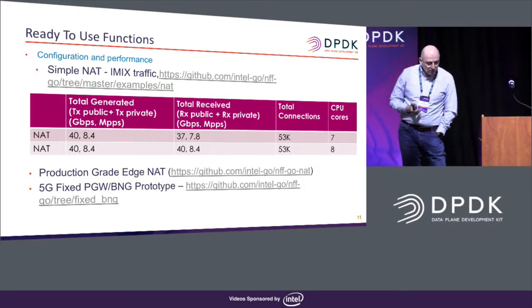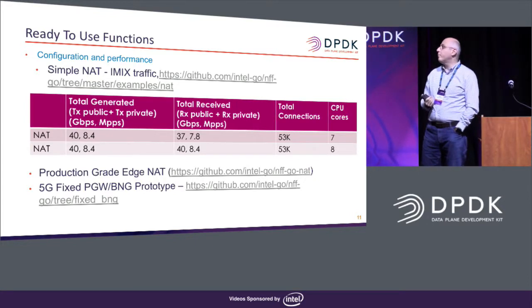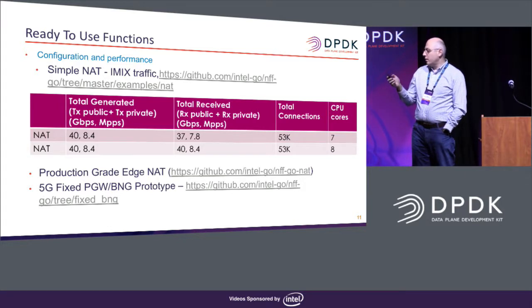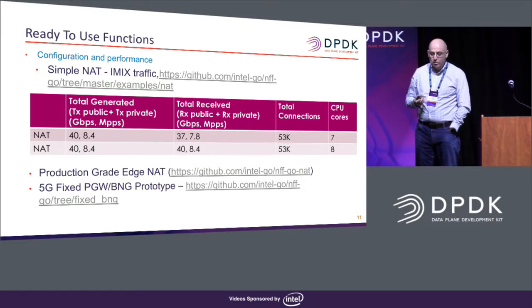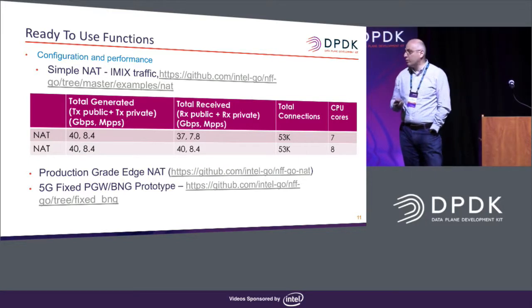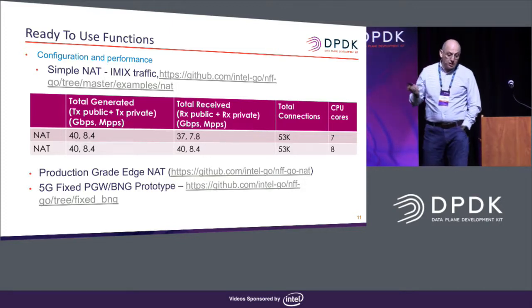These are some examples of the performance that we get and of the functions that were developed and used. The first one was a simple net, and the question was how much closer to the line rate on the 40 gig Intel card we can get.